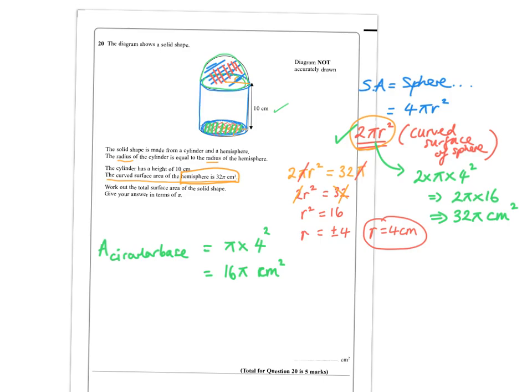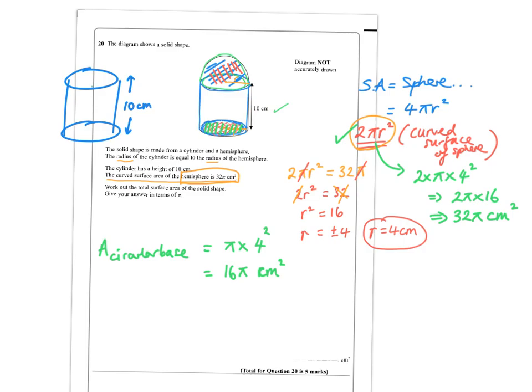So all we have to now know is what the curved surface area of the cylinder is going to be. So if the cylinder was in blue here, so there was the cylinder, and basically if we want to find out the curved surface area of the cylinder, then think about it. We know it's 10 centimetres high.